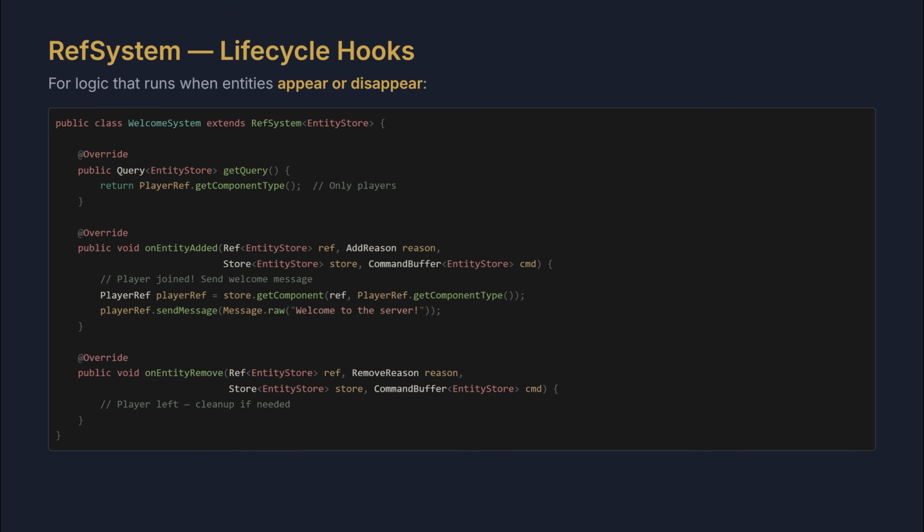And since I only queried for player refs, I don't need to check that in the listener. I can just say, hey, a player joined, send a welcome message. And on entity remove, I can say, hey, the player left, maybe send a message, hey, we miss you, see you guys later. This is very useful for welcome messages, for initialization, for cleanup, and for tracking joins and leaves.